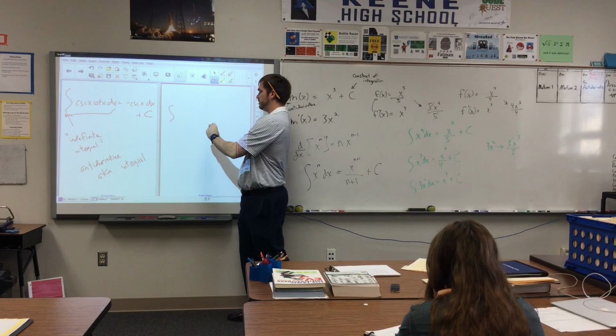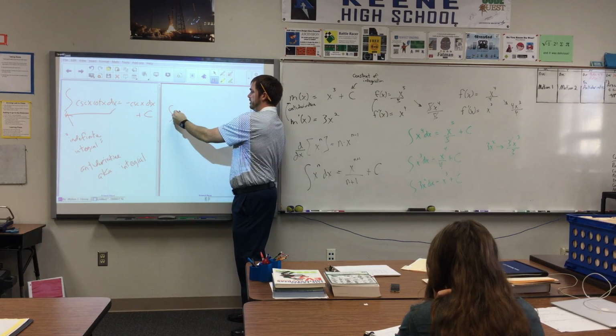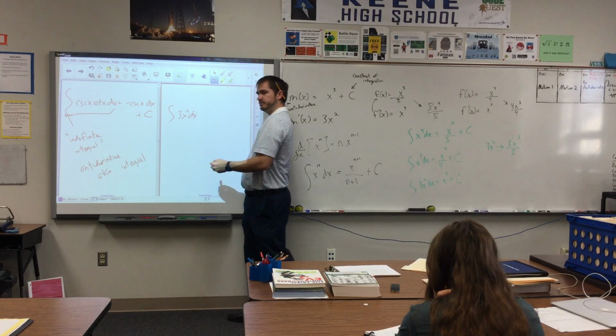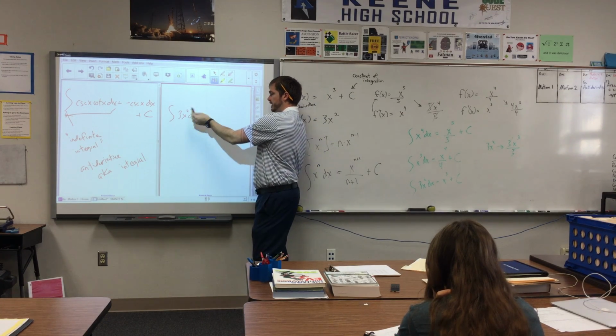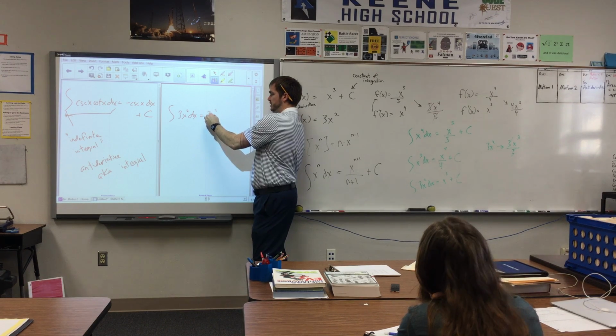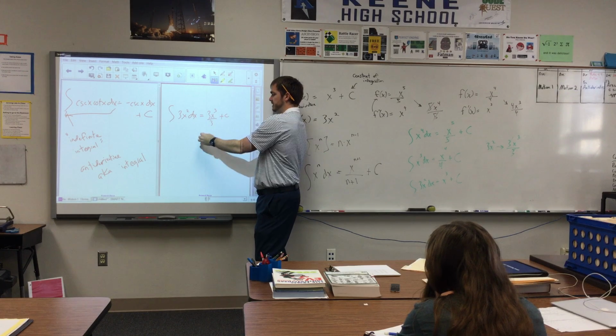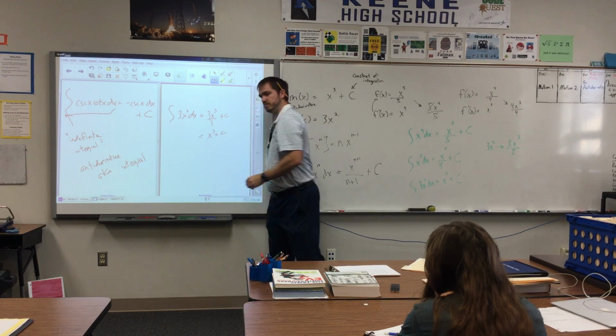Let's say the antiderivative of 3x squared dx. As we saw a minute ago, that was 3x cubed over 3 plus C, or simply x cubed plus C.